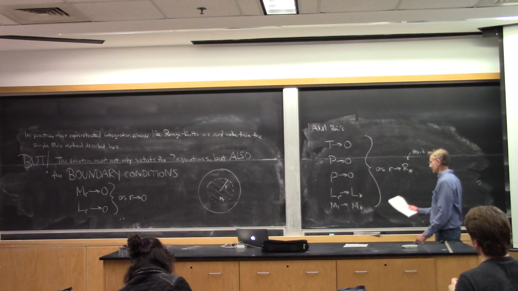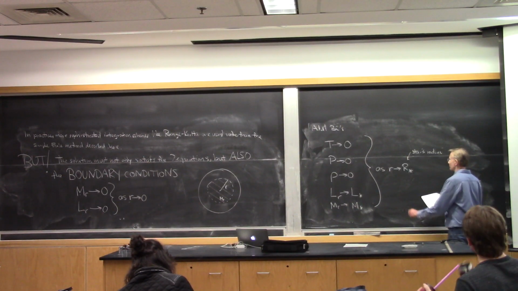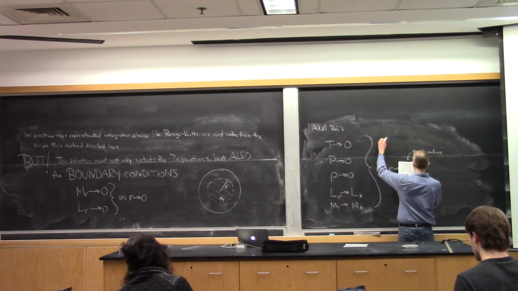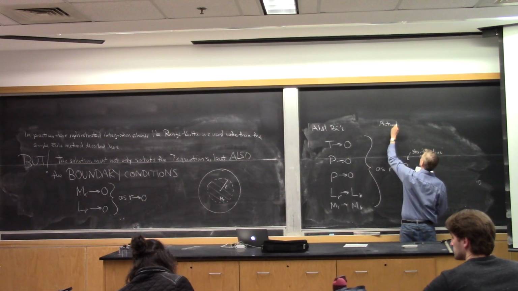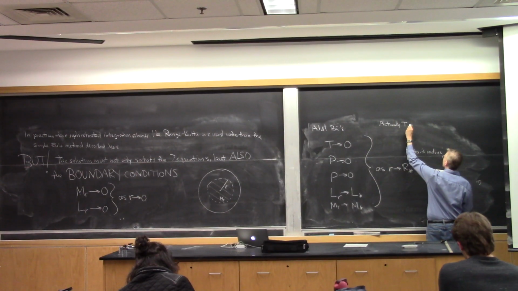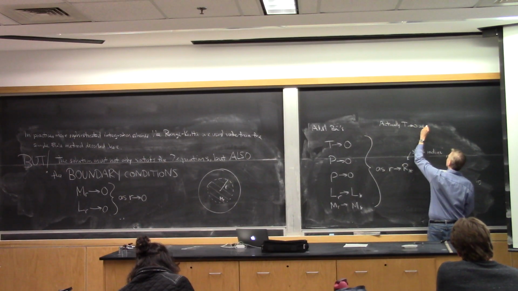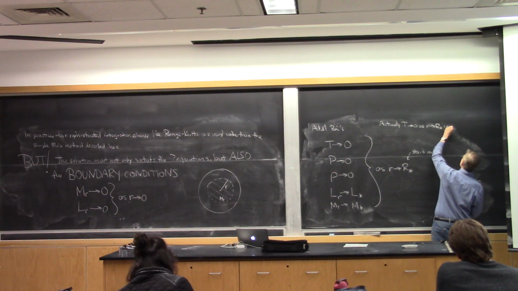So in other words, compared to the central temperature, by the time you're at the surface, you've practically cooled off to 0, but of course that's not really true, so we'll add in here that actually T does not truly go to 0. T goes to 0 as R goes to R star is not strictly true.